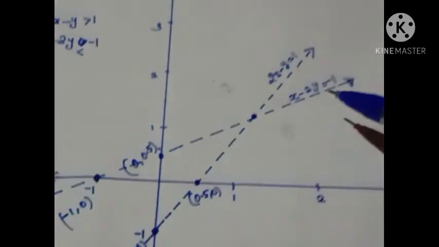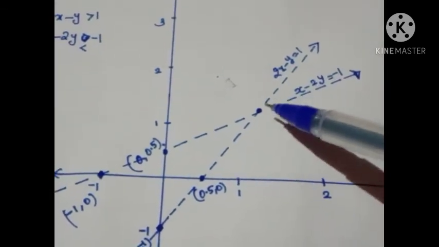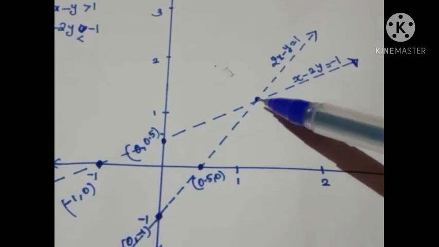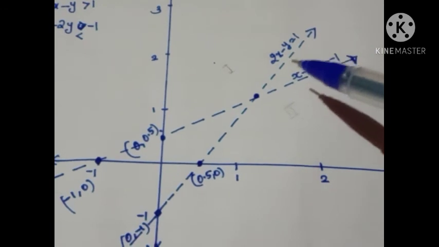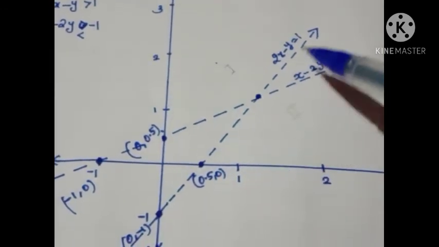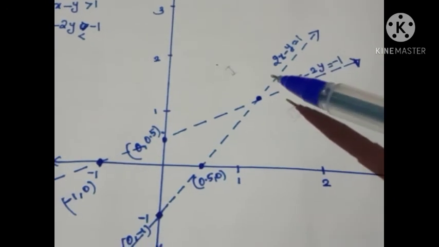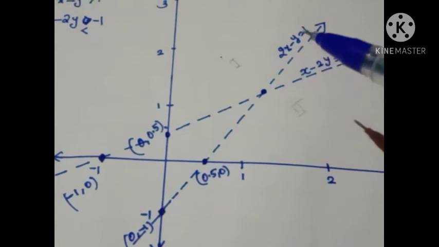Now we need to find the solution region. In between these two lines there is no closed region. So let us consider these lines separately and determine where the solution region is.